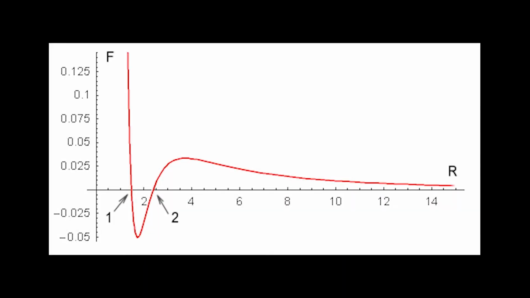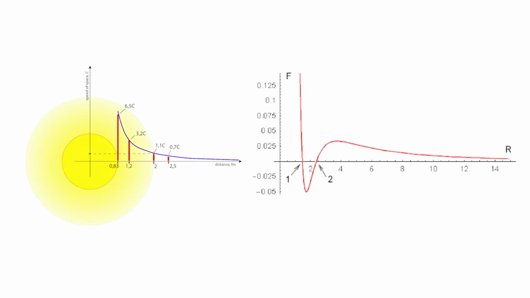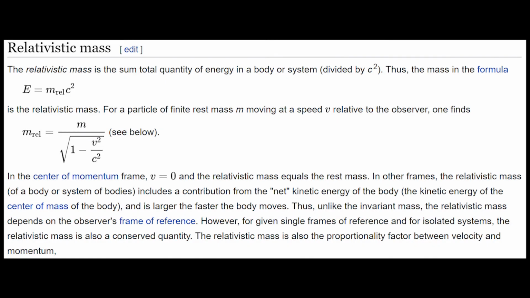And now look at this diagram. This is the dependence of the strong nuclear force on distance, which works on distances from 1.3 to 2.5 Fermi. From special relativity and from experiments, we know that a body which moves in space with high speed gains additional energy, relativistic mass or relativistic impulse, and then with this more energy or mass it resists the following acceleration.